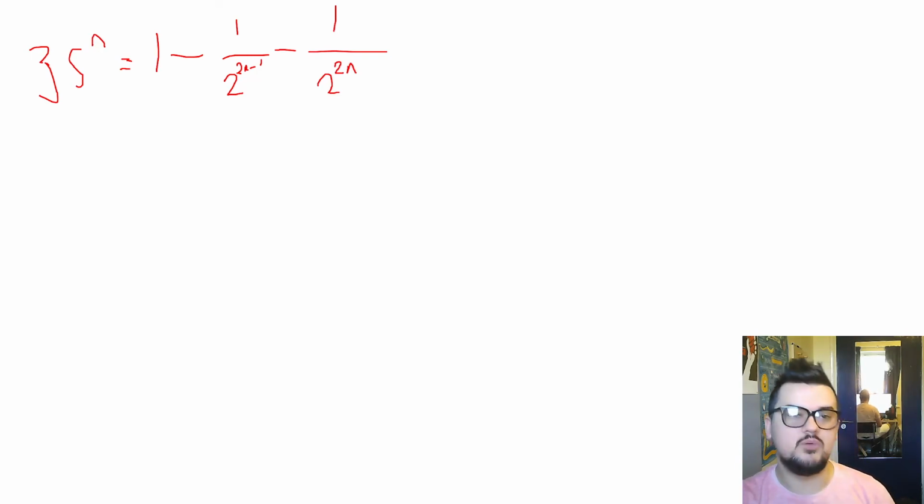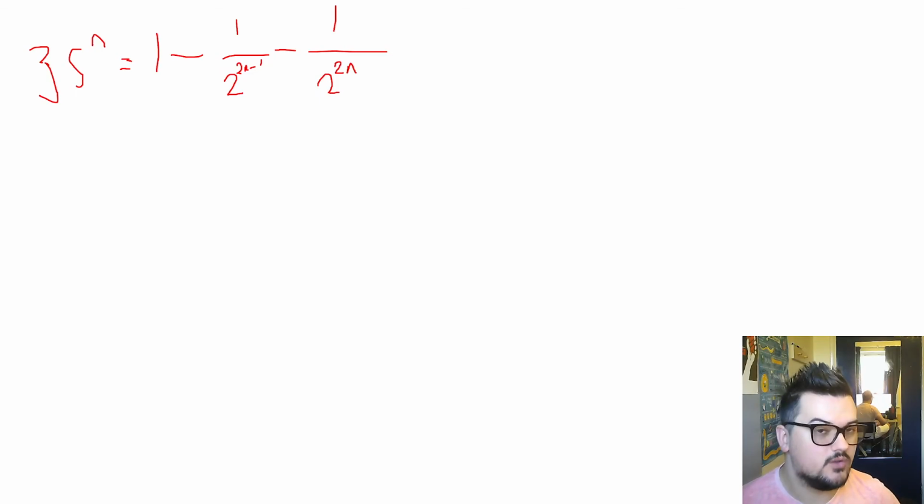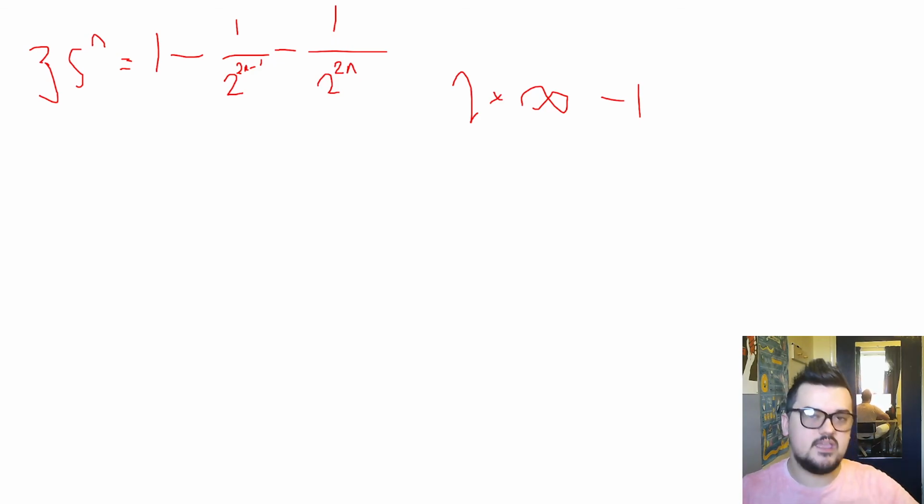Now again, we want to say, what do these two things tend to? Because our sum is going to infinity, we say that our n is also effectively infinity. So what is 2 times infinity minus 1? Well, infinity you can't really do anything to. 2 times an infinitely large number is still just an infinitely large number. And an infinitely large number subtract 1 is still just an infinitely large number.